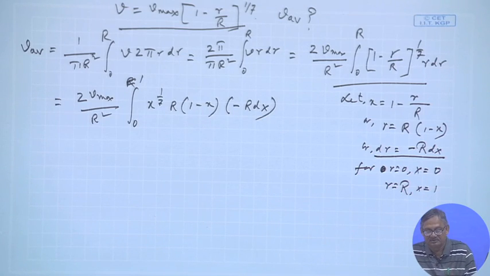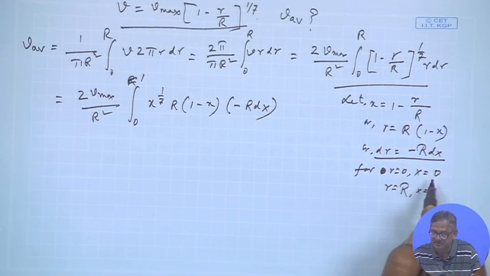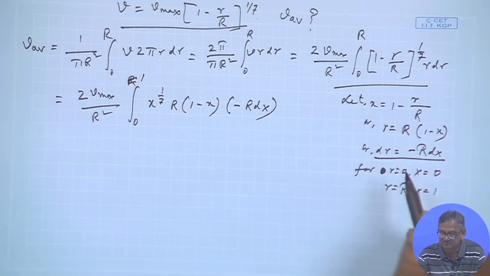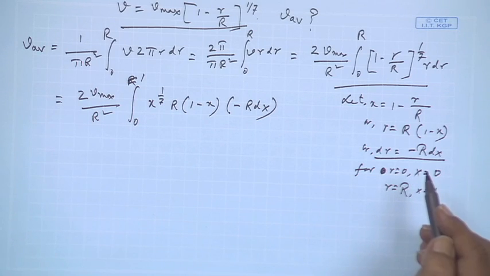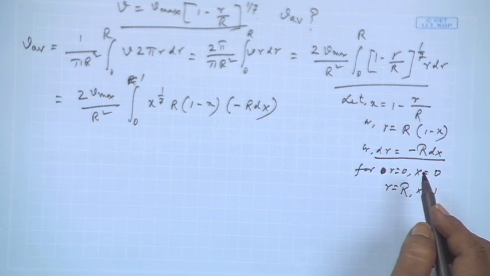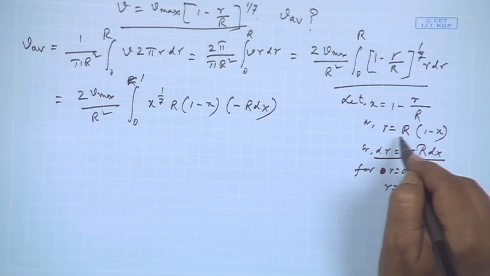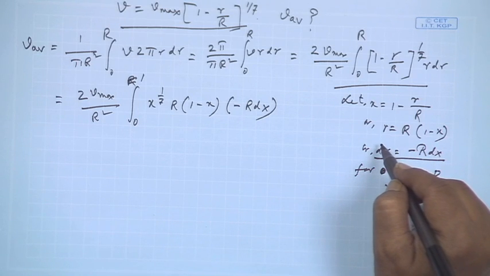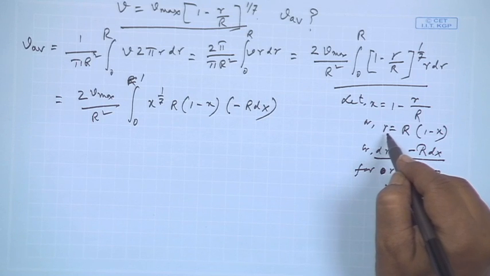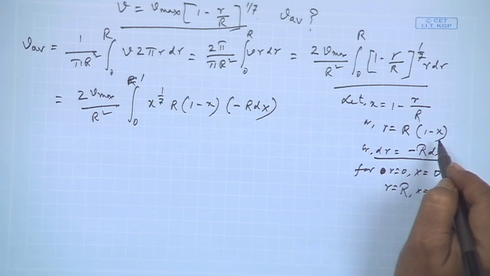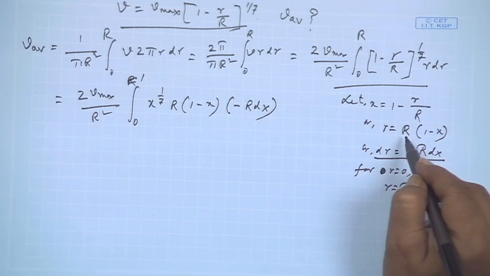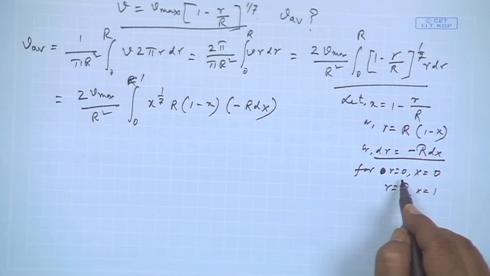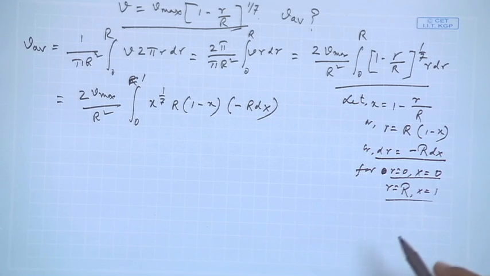For r equal to R, x becomes 1, and for r equal to 0, x becomes 0.